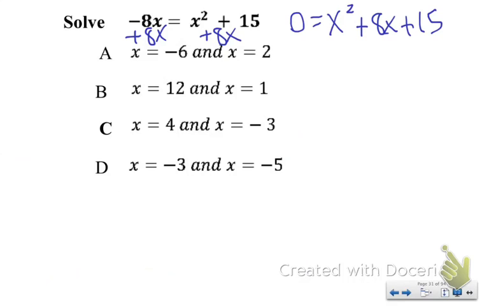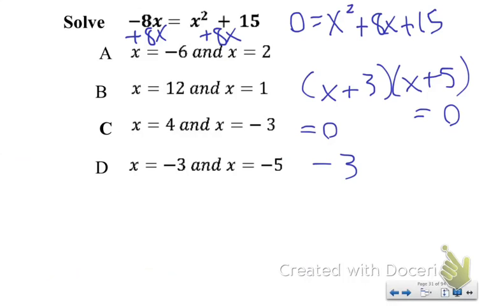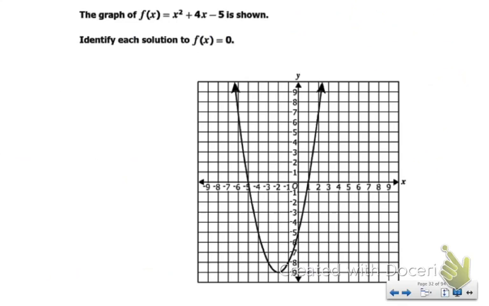This one will actually factor nicely into x plus 3, x plus 5. So then remember, if you set each factor equal to 0, you get -3 and -5. And again, you also could have typed this into your calculator and graphed it, and you'll see the same thing.